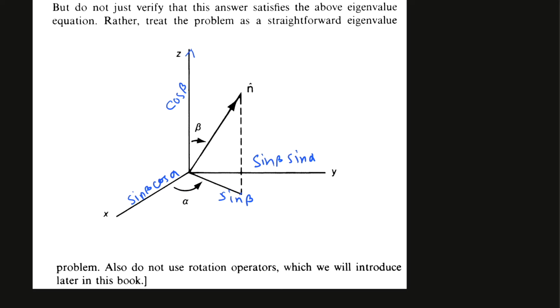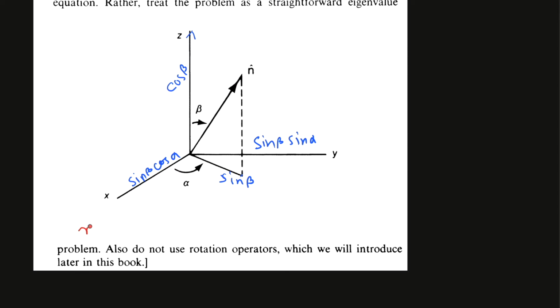That means n cap is nothing but sin beta cos alpha x cap plus sin beta sin alpha y cap plus cos beta z cap.